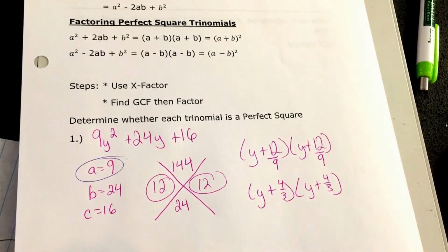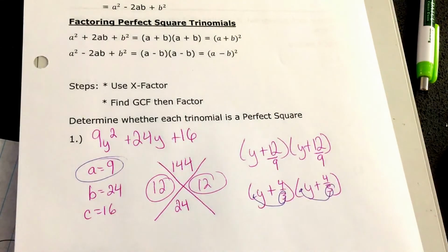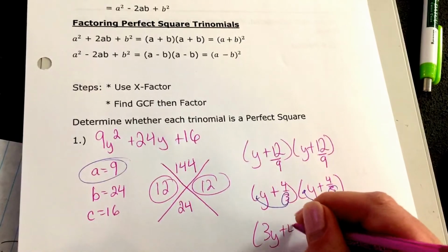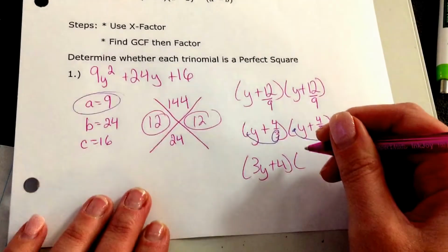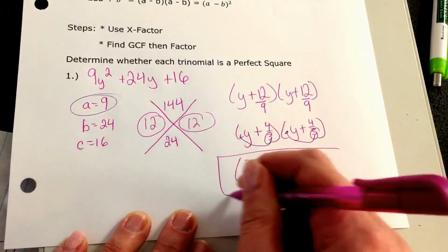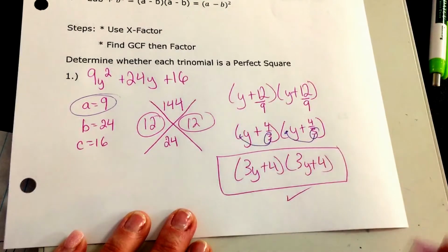Then you can take this term and move it up front. The denominator moves up front. And so you'd have 3y plus 4, 3y plus 4. Is that a perfect square? Yes.